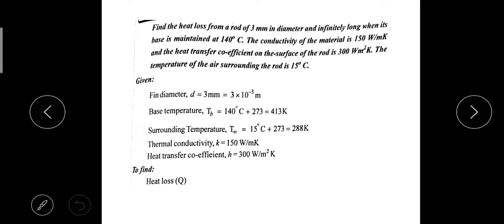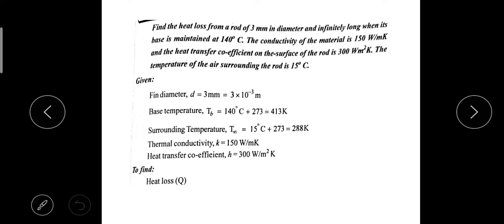Now we are going to find the heat loss, denoted Q. One rod, that rod diameter is given as 3 mm. Then, it is infinitely long. It is the main concept. Actually, we know this one.